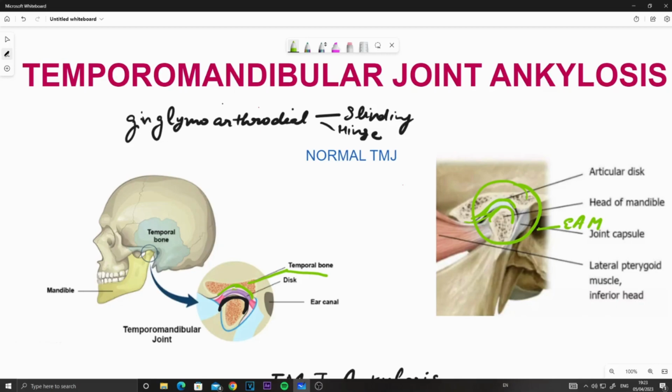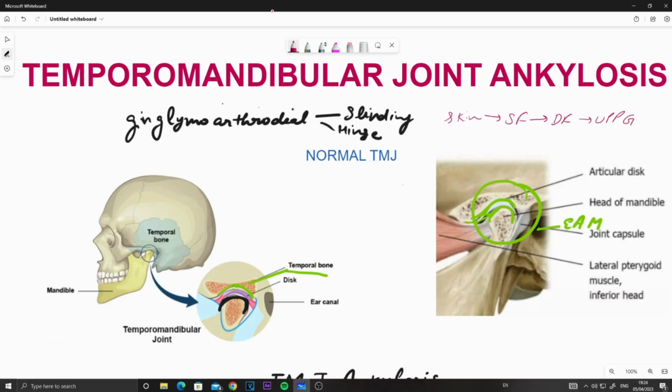Now proceeding with the layers which are in relation with this joint, which include firstly the skin, then we see the superficial fascia, then a firmly adherent deep fascia, and the upper part of the parotid gland.